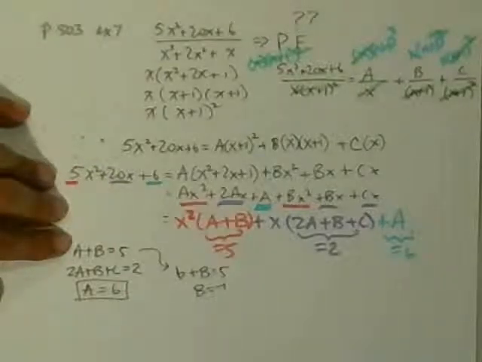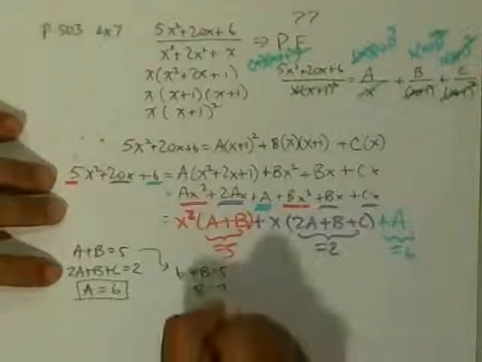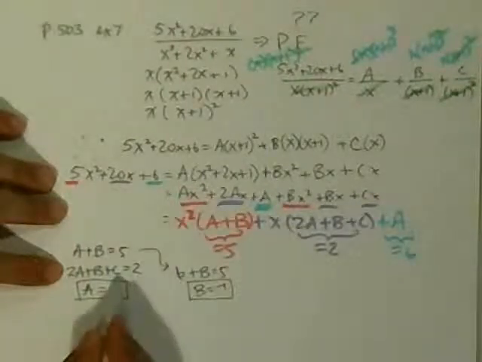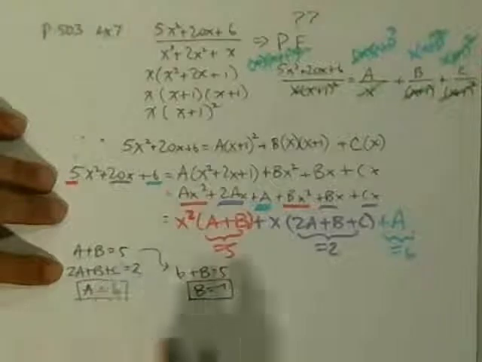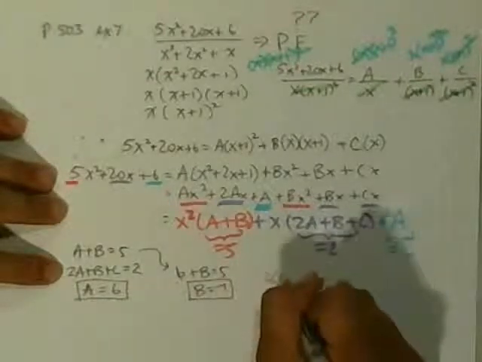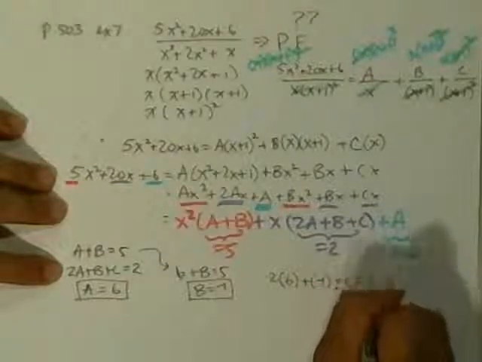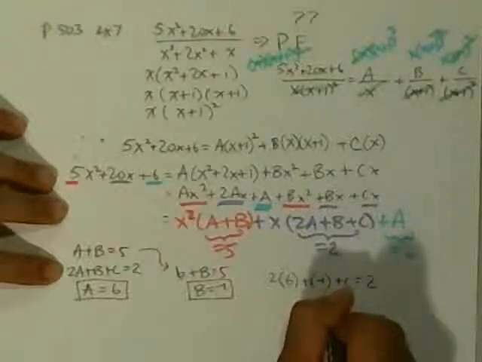Let's see if I got it so far. So far, so good. The third equation, we have to find the value of c. We have my a and b. So 2 times 6 plus -1 plus c has to equal 2. That's 12 minus 1 is 11.